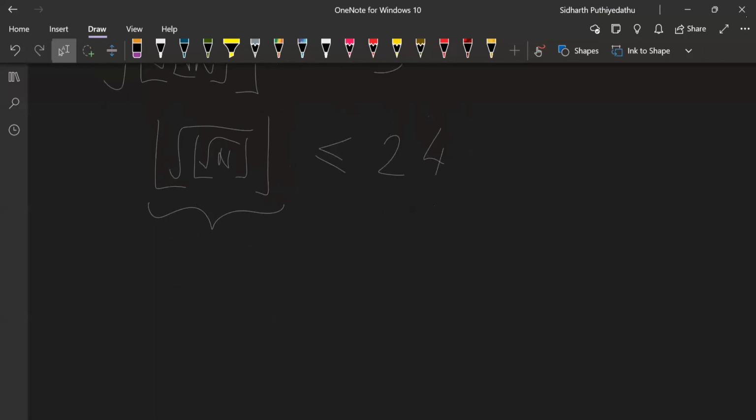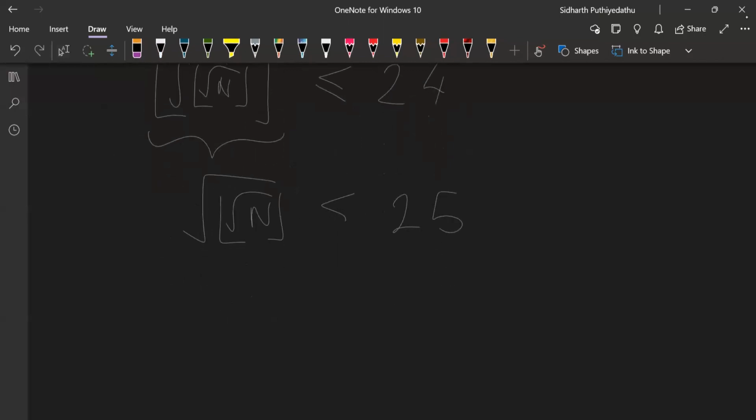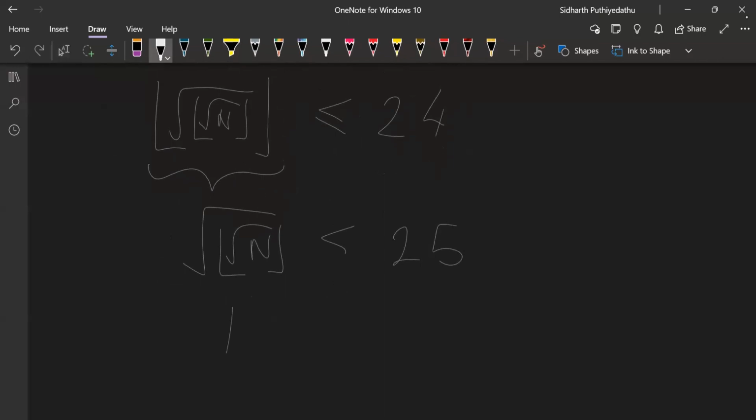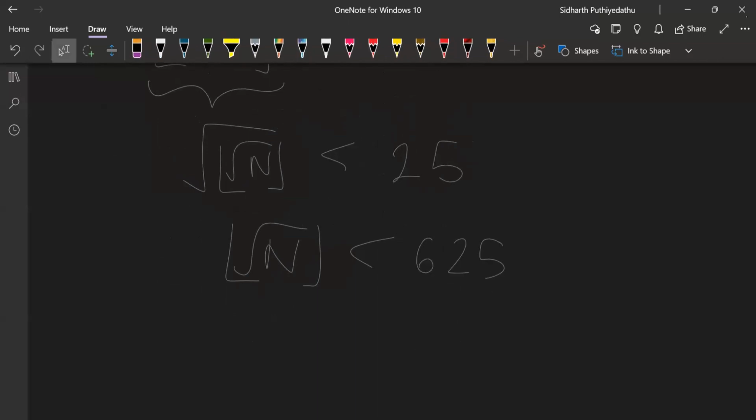And now again, applying the same argument, we get that the square root of floor of root of n is less than or equal to 25. So it's strictly less than 25. And squaring both sides, we just get floor of root of n is less than 625.